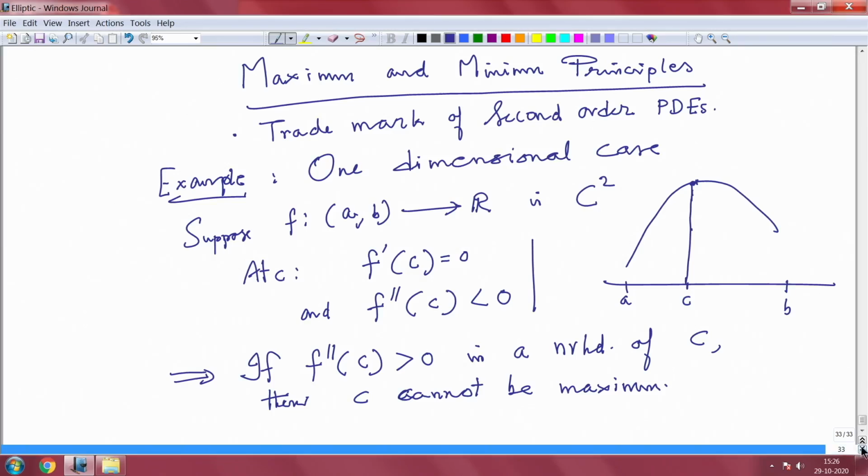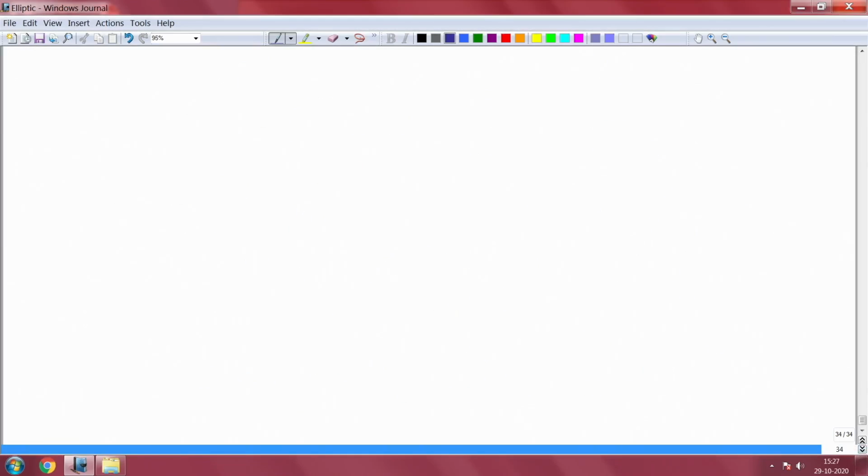So, we want to derive, sometimes this can be used to derive comparison theorems.